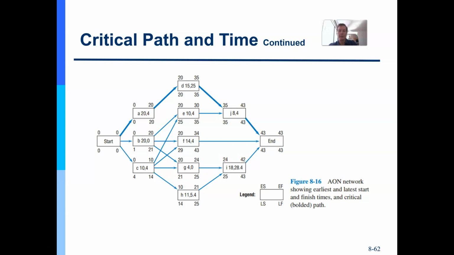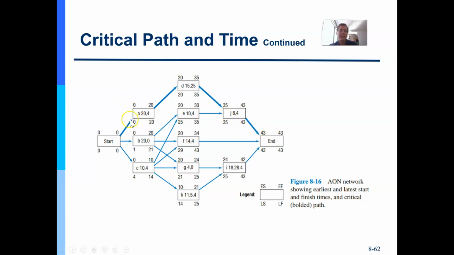So you can see that any activity with zero float is on the critical path. Already I'm looking at this and going, okay, the critical path is D, J, and N. That's the critical path because there's no float.